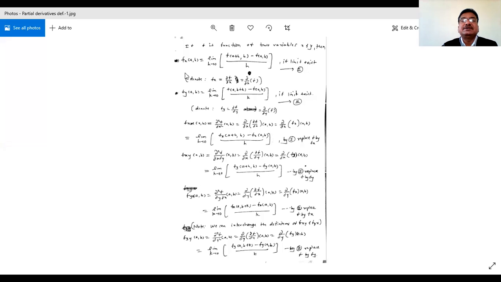So observe these definitions. What is f_x(a,b)? It is limit h tends to 0 of [f(a+h,b) − f(a,b)] divided by h.